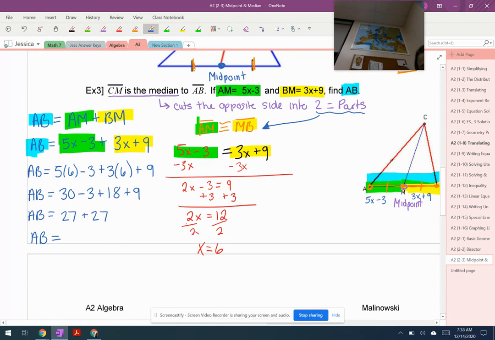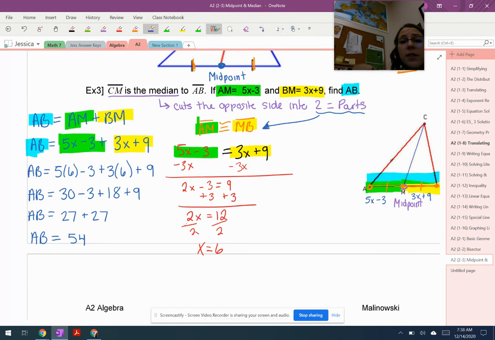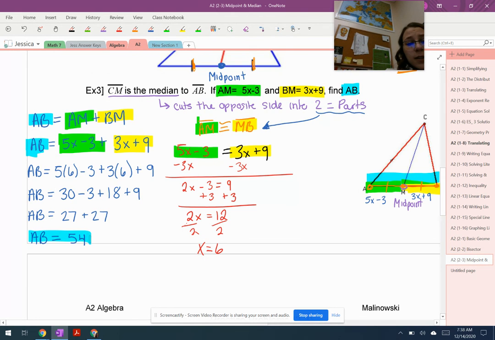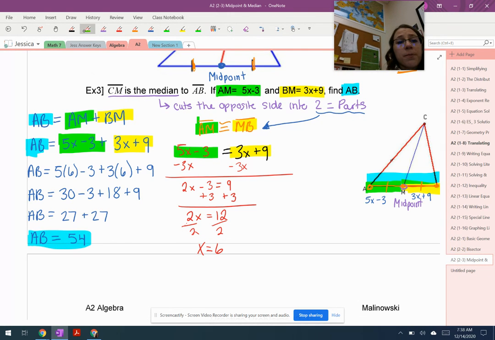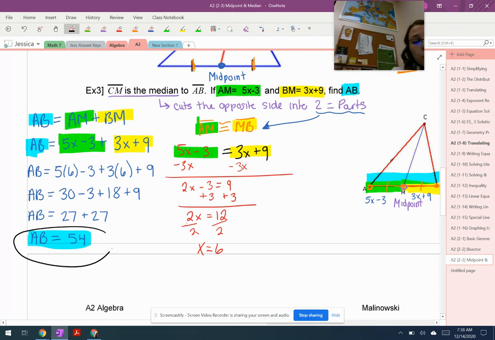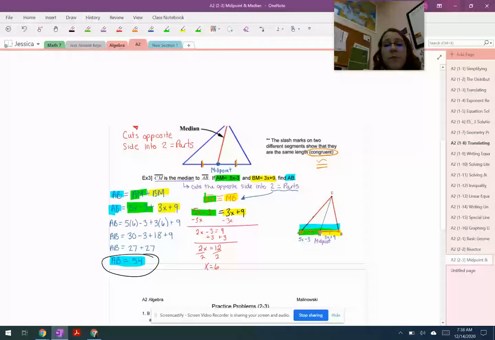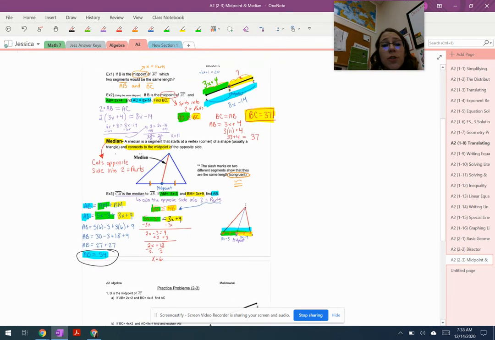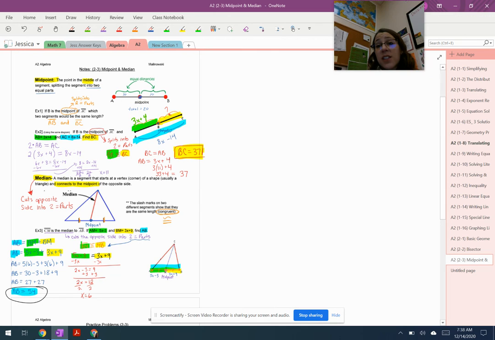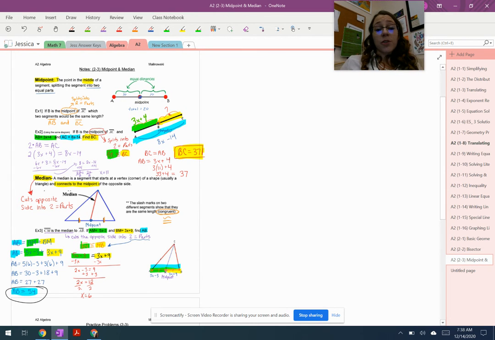AB is going to be 54. For a final answer, AB is equal to 54. Important thing is making sure you're looking up the vocab, writing these things down, and making sure you answered the question.